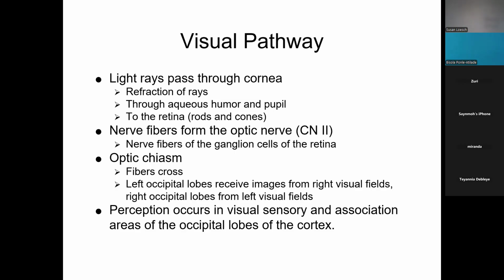The light continues through the transparent vitreous humor to the retina, where the photoreceptors, the neurons, the rods, and the cones are stimulated. The light energy is then converted into an electrical stimulus, where it's transmitted by the optic nerve to the occipital lobe in the brain. This is where the image is identified, integrated with other information.